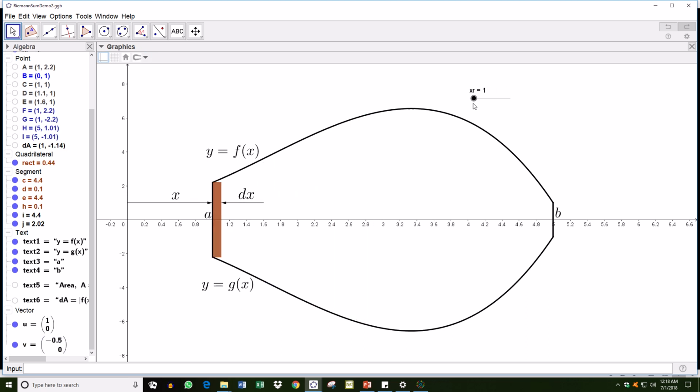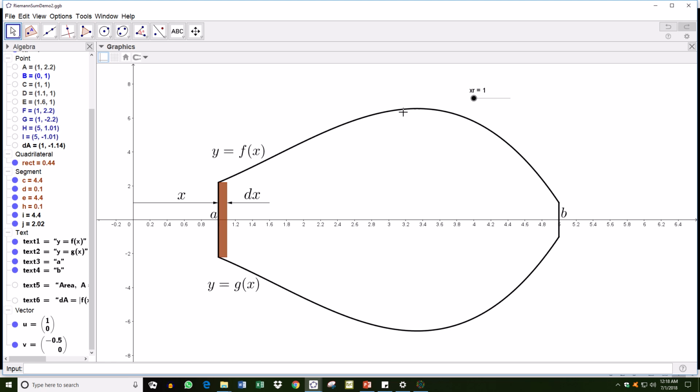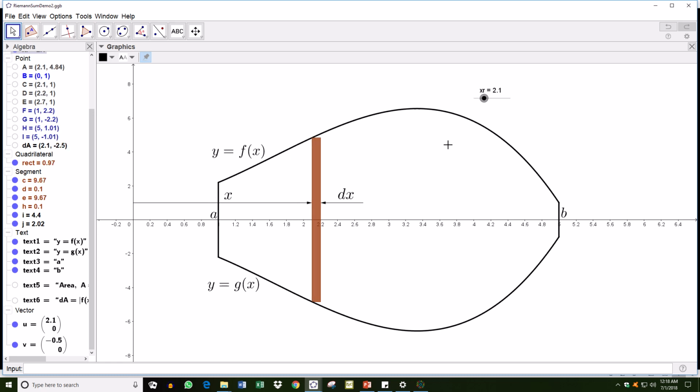We'll initially place it all the way at the left, find out what the area of that itty bitty rectangle is, then scoot it to the right a little, figure out the new area of that new rectangle, add it to the previous area, and scoot it again, figure out the area, add to the previous sum. So instead of splitting this interval into an infinite number of rectangles, why don't we think of it as making one rectangle and scooting it all the way from left to right? The concept is still the same.